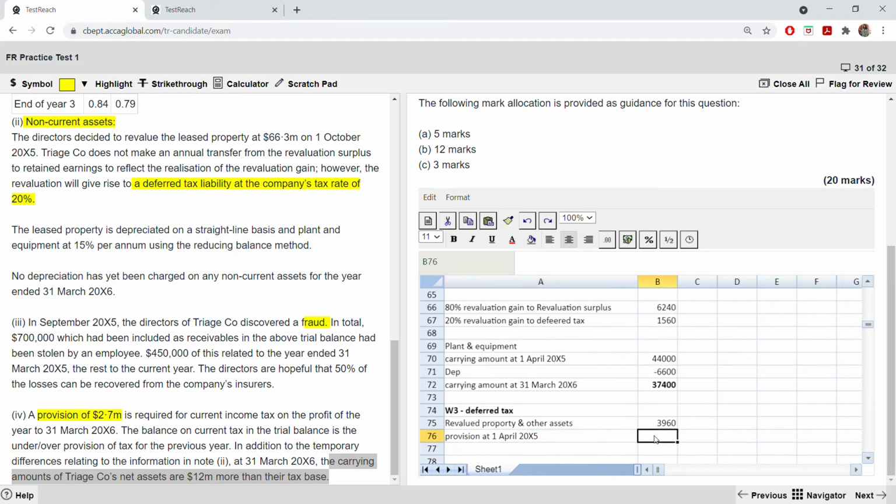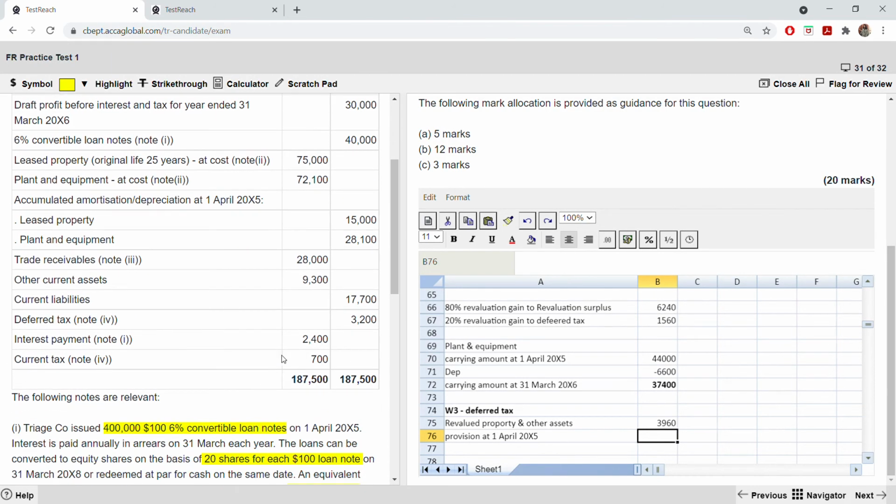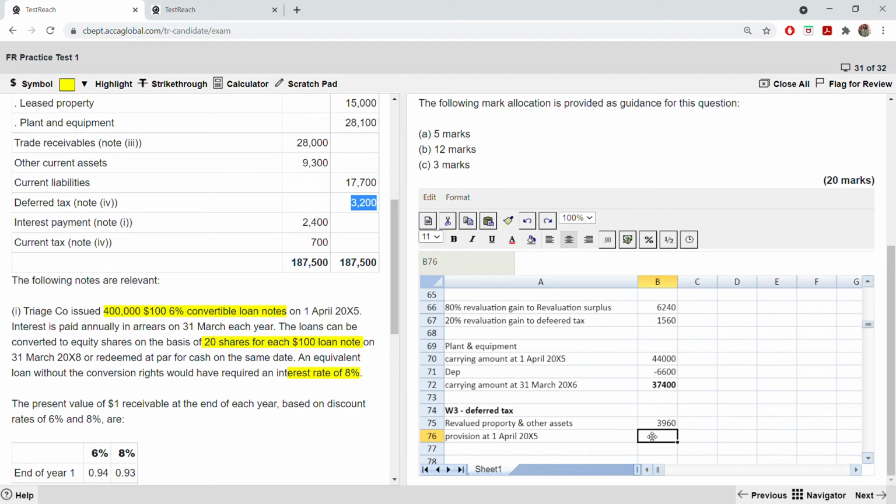You need to deduct it. Let us go and see the trial balance. It was 3,200. It's a credit balance, so minus 3,200.